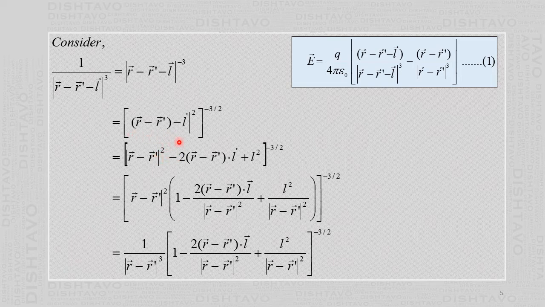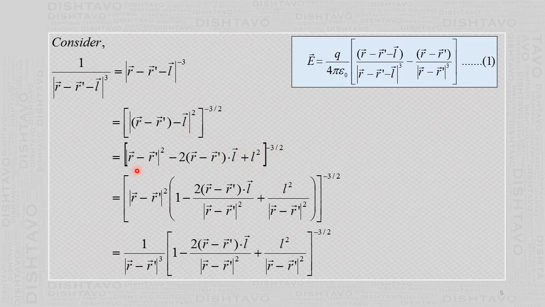So x is this and y is this vector L, and the dot product you have to write in between. Then plus y square, where y here is vector L, and square means vector L dot vector L, which is L square, all raised to 3 by 2.